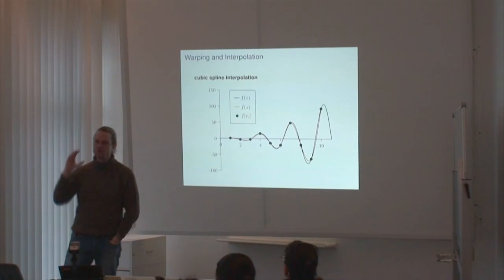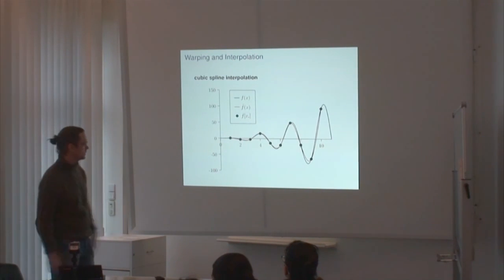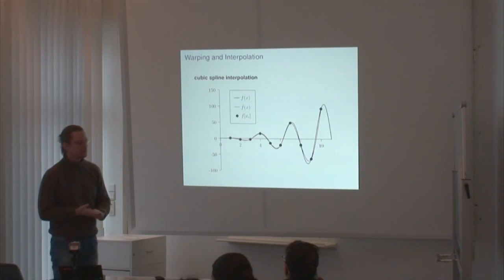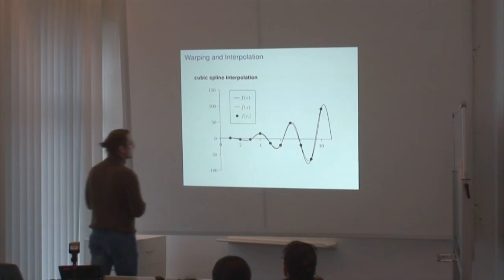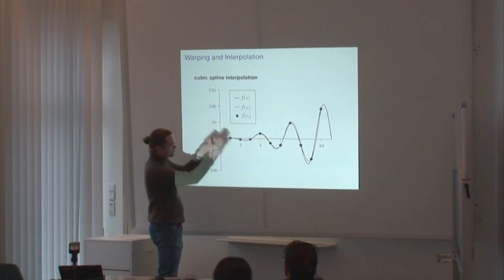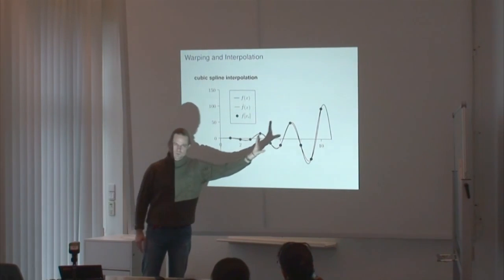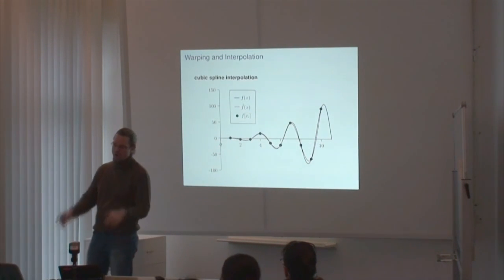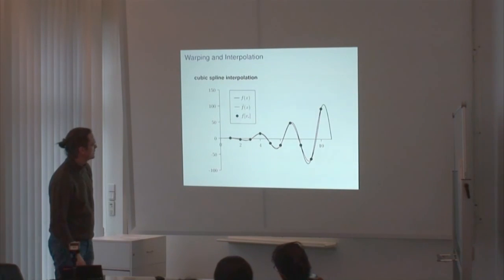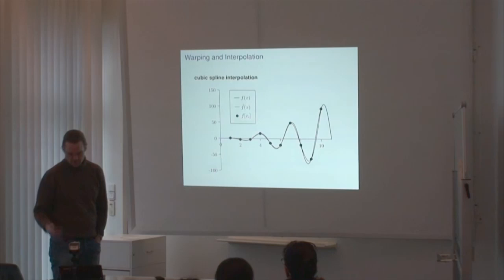We don't even know the true blue function. Right? And in that sense, among all the orange curves we have seen, this one is the smoothest. So for our problem of interpolating images, it looks as if this one would do a satisfactory job.